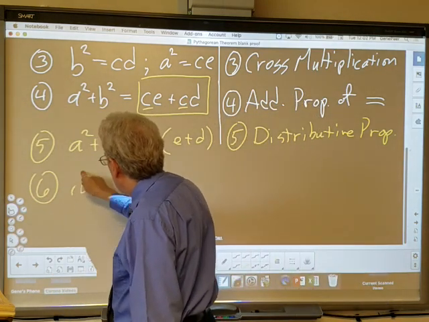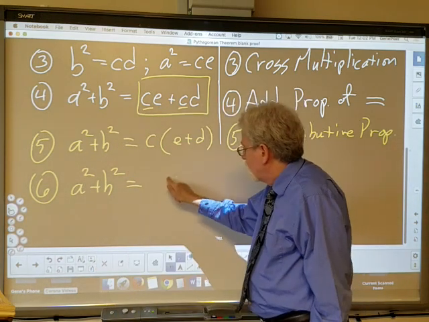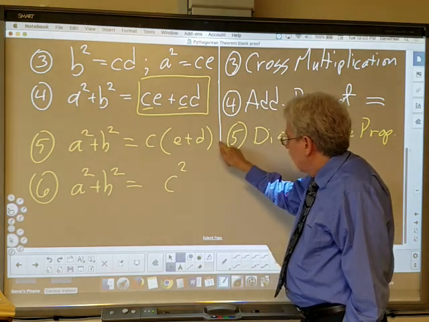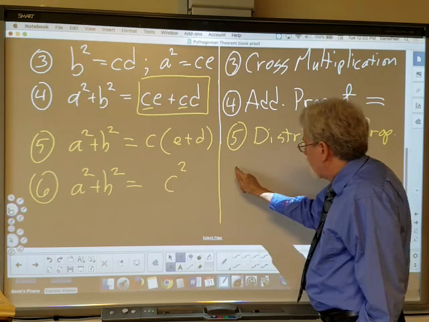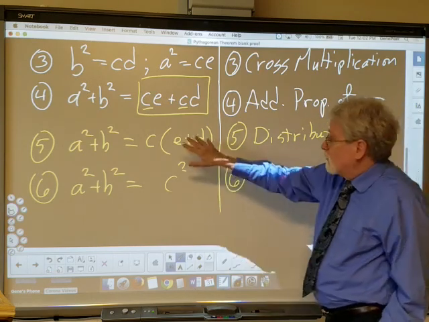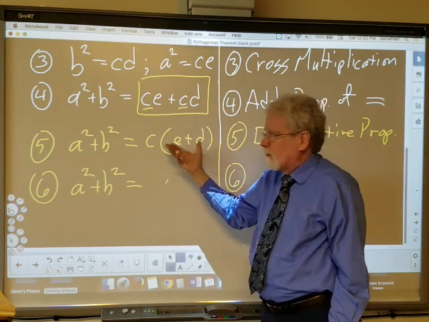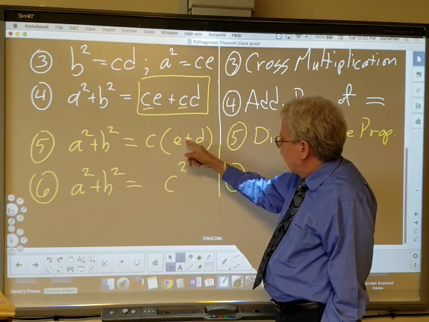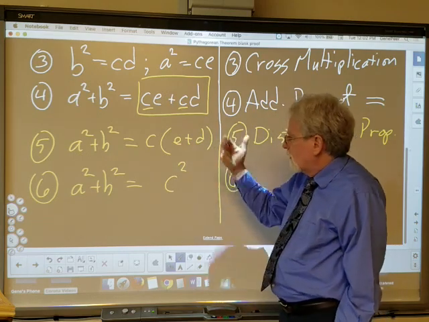Step 6. We now have a squared plus b squared equals C times C, which is C squared. And the excuse that we're going to use, yeah, sometimes I call the reasons excuses. The excuse for that statement is substitution. We're just changing this into a better name for itself. Yeah, I know we could add in more steps and get picky and say that E plus D equals C because of the segment addition postulate, and then use substitution.